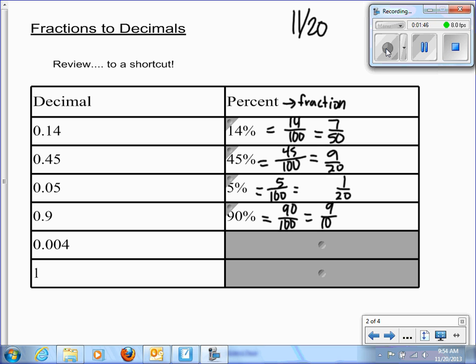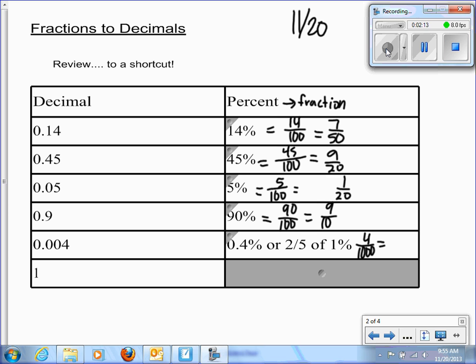0.004. Christian. Okay, may I see the fraction first? Sure. Okay, it starts out as 4/1000, and you can divide it by 10, which would be 0.4%. So you said 4 over 1,000.